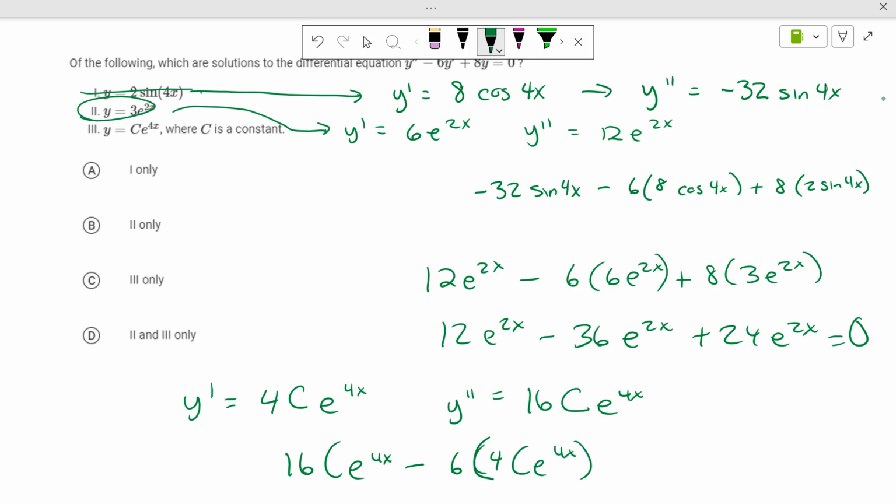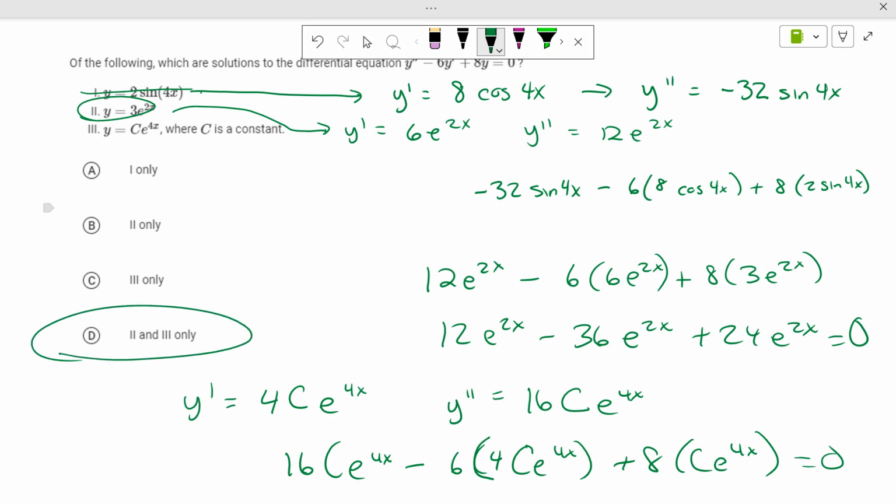That's a parenthesis, not a c, and there's a c. Boy, bad penmanship, Mr. Bierschbach. All right, plus 8 times ce to the 4x. So this would be 16 minus 24 is negative 8, plus 8 is 0, right? So it'd be 2 and 3. Okay? Know how to work through those then?